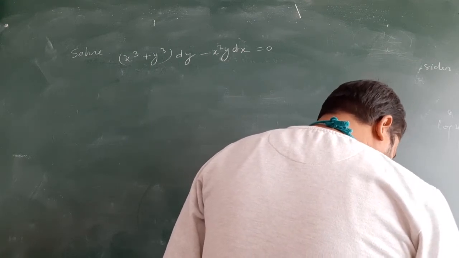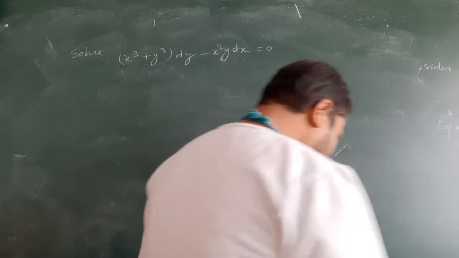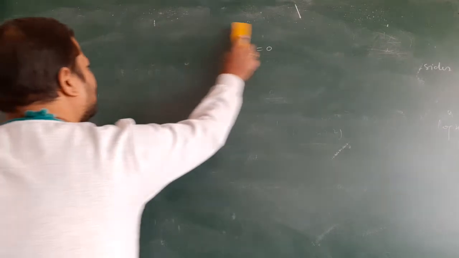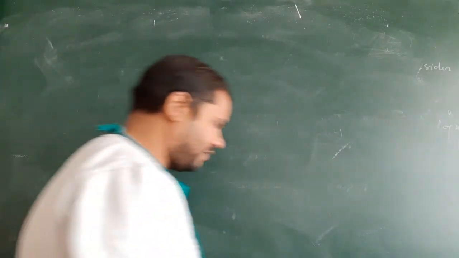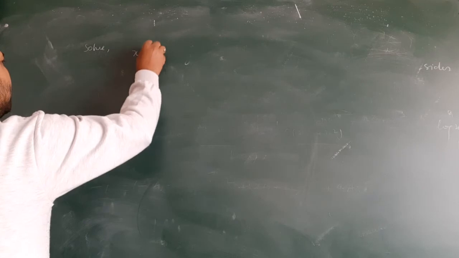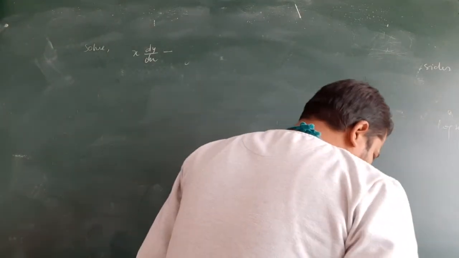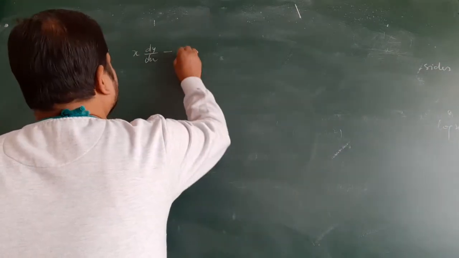So see, solve x dy by dx minus y is equal to x square.